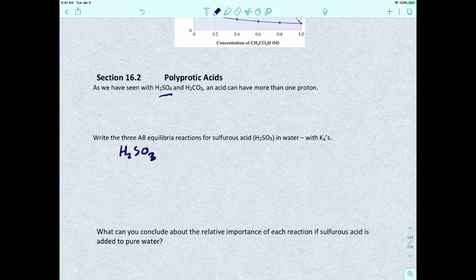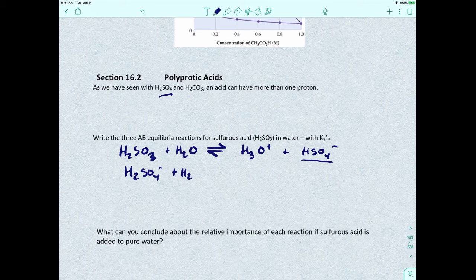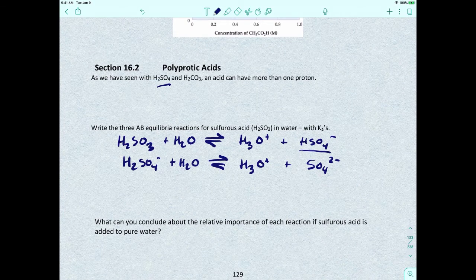If H2SO3 reacts with water, it's going to form an equilibrium between H3O+ and HSO3 minus. Now, this HSO3 minus can also react with another water molecule, and you can get H3O+ and the sulfite ion, SO3 2 minus. So a diprotic acid can go through two of these acid-base reactions.